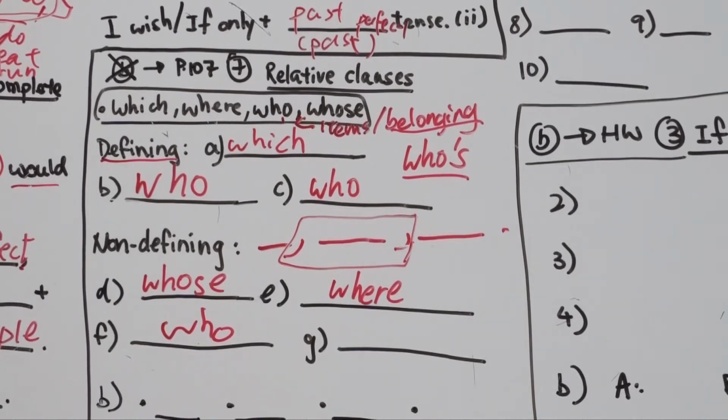So Monaco, blank, is visited by a lot of film stars, is very expensive. What do you think? Monaco, which is visited? Monaco, where is visited? Monaco, who is visited? Monaco, whose is visited? I see how you can get confused because Monaco is a country, right?